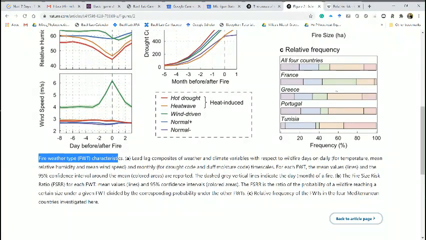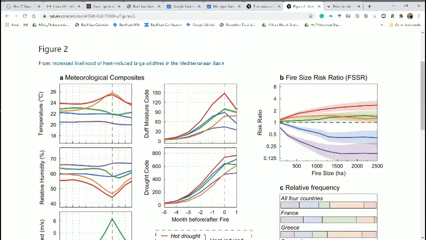And then it looks like the frequency of the different fire types or fire causes varies by country. Interesting. So Tunisia has lots of heat-driven, heat-induced fire types.